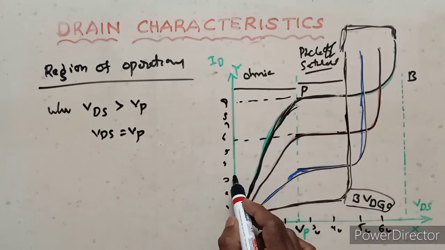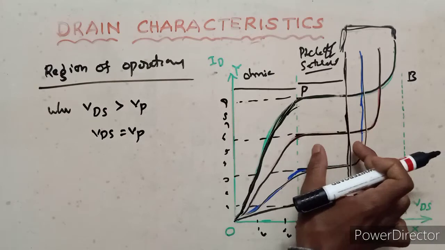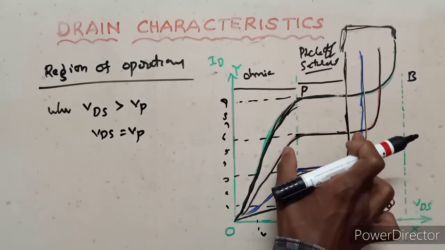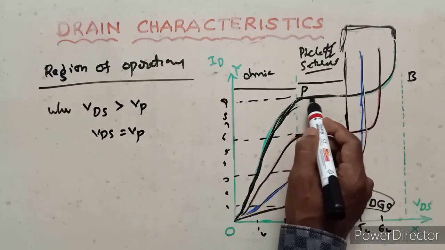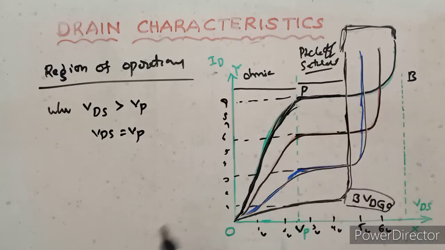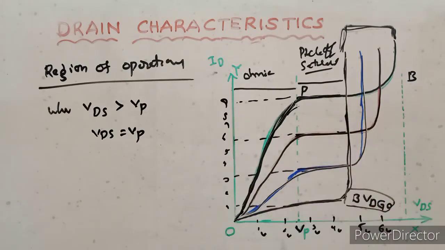This is the constant current, a straight line. It is also known as linear saturation, and also the pinched off region.